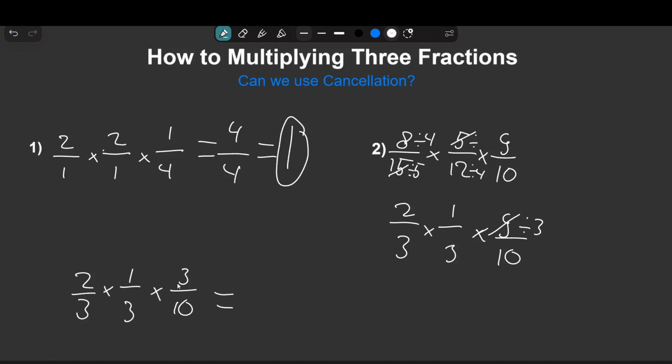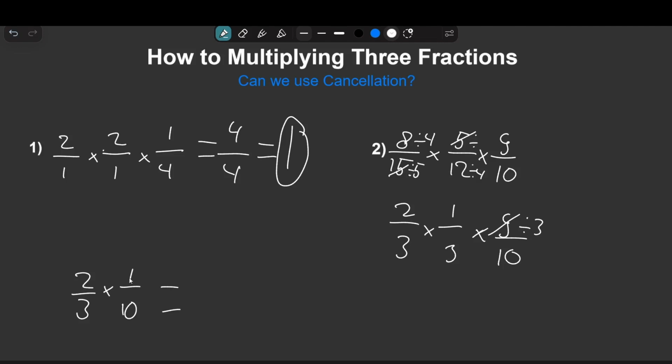So we just can get rid of these two, because 3 divided by 3 equals 1. So we can just do like this. Here we get a 10, and this one can just go away. So we are left with this as our final multiplication.